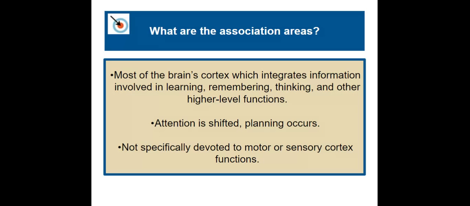Basically, the association areas are also not specifically devoted to a particular motor or sensory cortex. They're not part of the occipital lobe. They're not part of the visual cortex or the auditory cortex. They're not necessarily part of your frontal cortex or prefrontal cortex, as it's sometimes referred to.